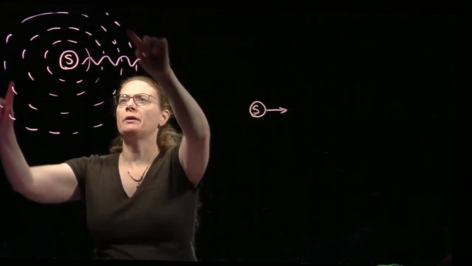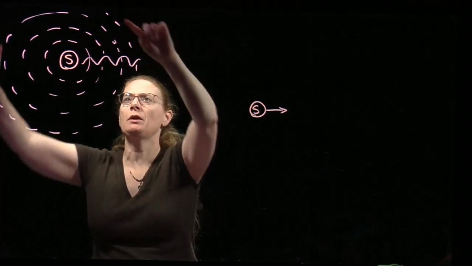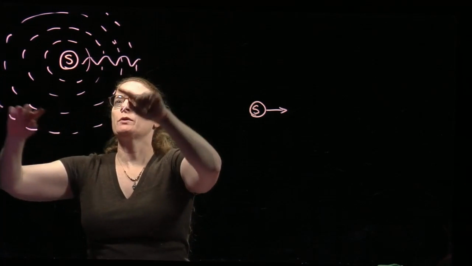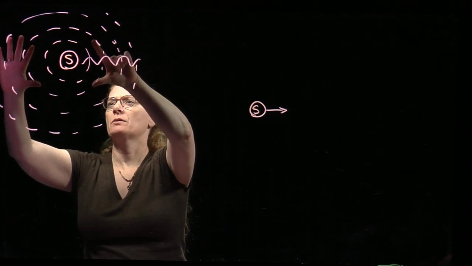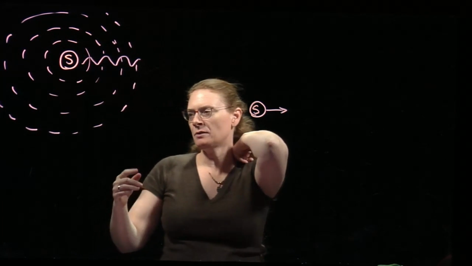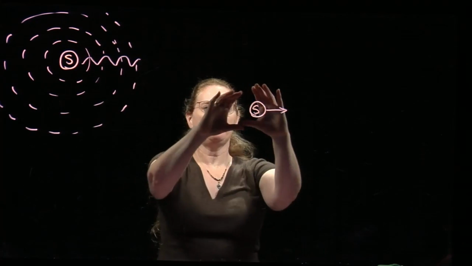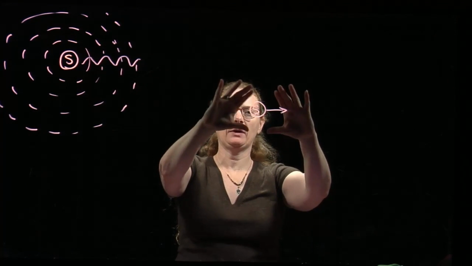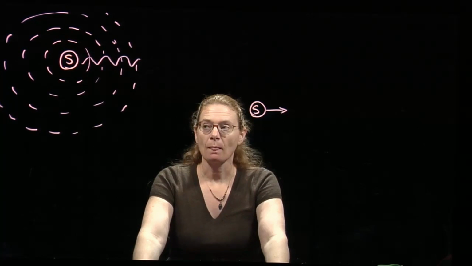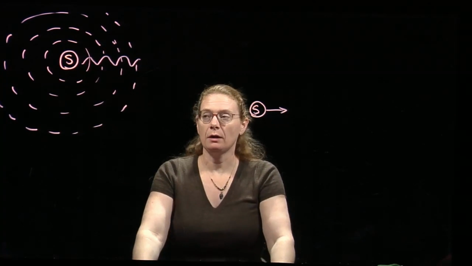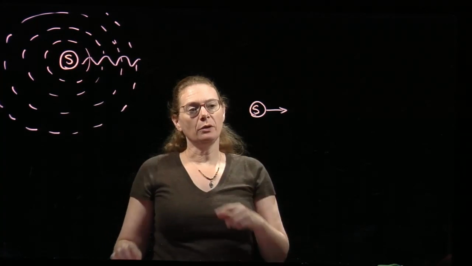This wavefront right here was emitted first, and then this was emitted next, and then this one, and then this one. So we've got a wave that's being emitted, but then the source goes bloop, and then we've got another wave being emitted. Source goes bloop. So make a prediction and see what kind of circles you think you would get.